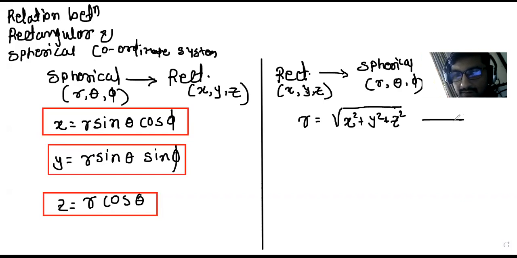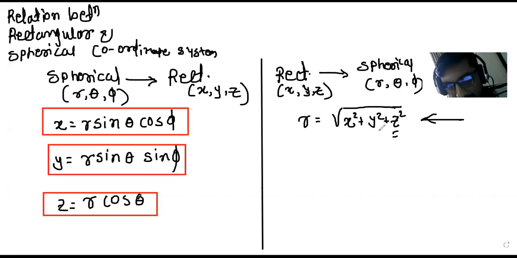If you compare this with r for cylindrical coordinate system, which was under root x square plus y square, here the value would be higher because we have added the z square term.